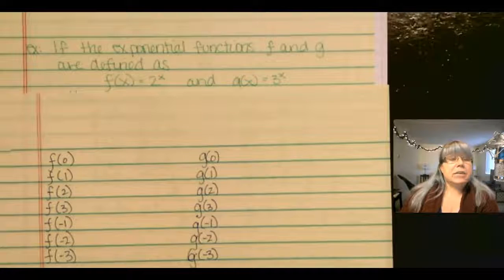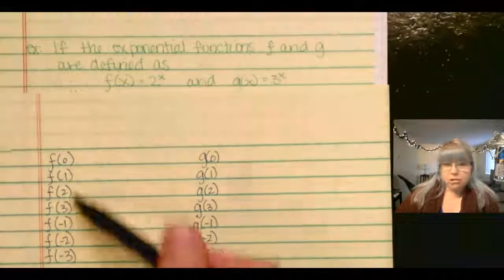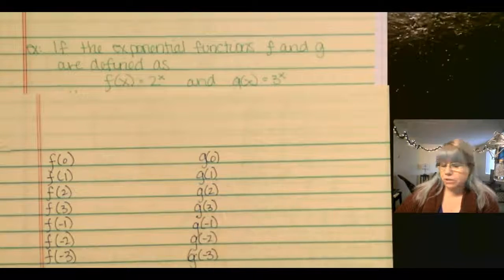All right, let's see an example of exponential functions, and we'll just say we have f and g. f is defined as f of x equals 2 to the x, and g is defined as g of x equals 3 to the x. We're going to figure out all of these different values.